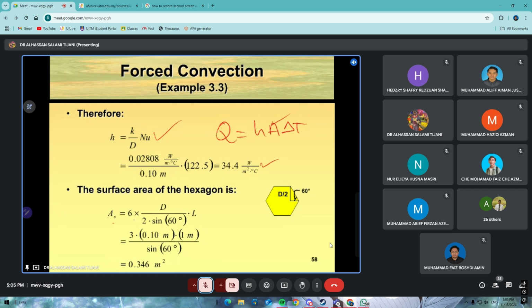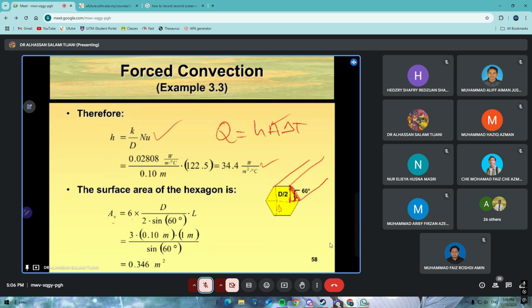The area of the hexagon equals 6 times the diameter of the hexagon divided by 2 sine 60 times L. So if you take the hexagon to be, let's say, of length this, in order to find this particular width, if you know this angle and the diameter of the hexagon or the radius, this distance is d over 2 because the whole length is d.